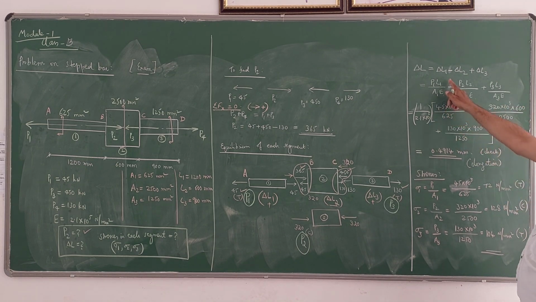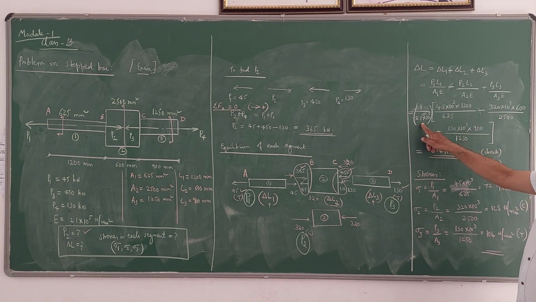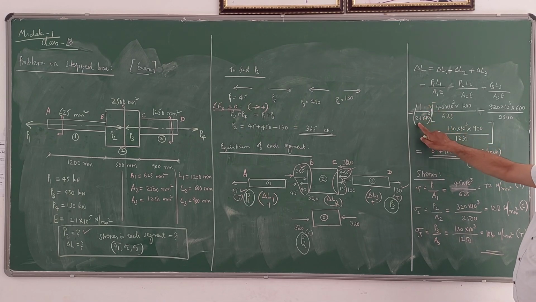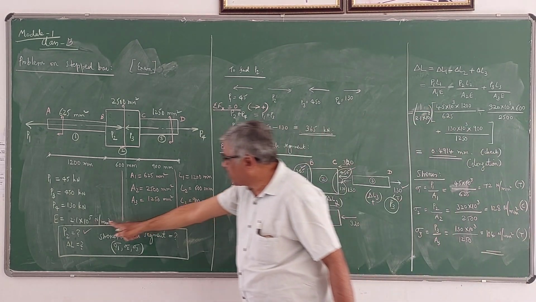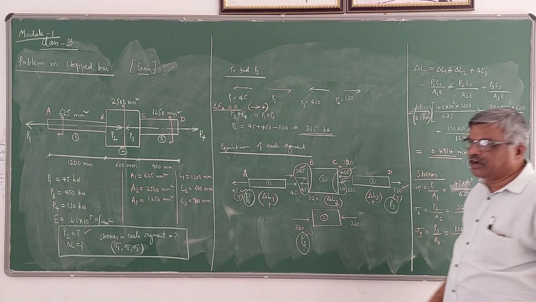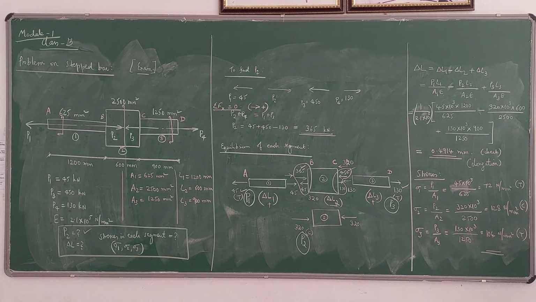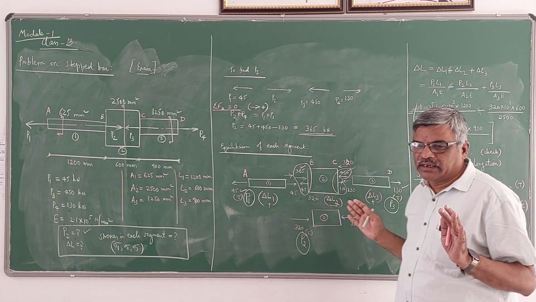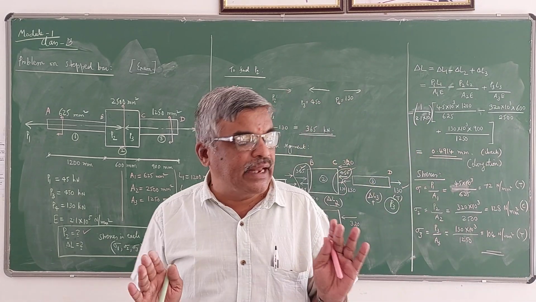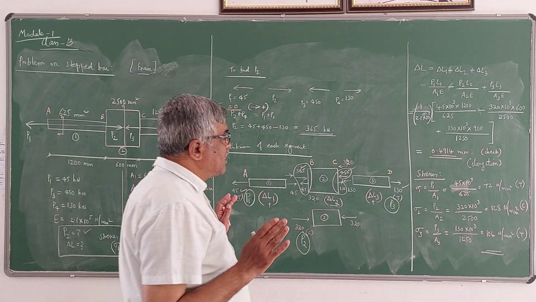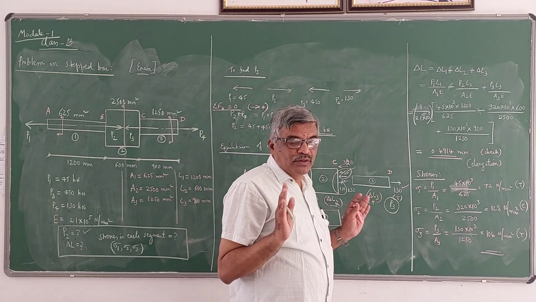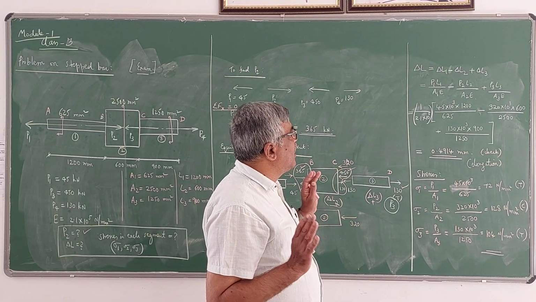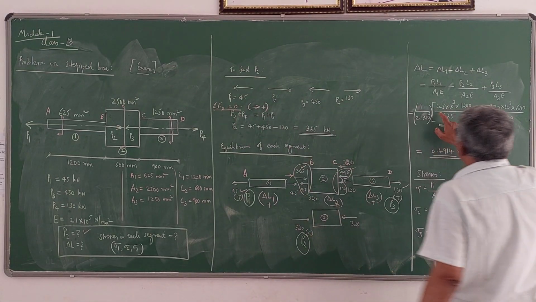So here 1 by E I have taken outside because E is constant. E is given as 2.1 into 10 power 5 Newton per mm square. As already told, forces should be substituted in newtons, length in millimeters, area in millimeter square, Young's modulus in Newton per millimeter square. So you have to stick to these units.